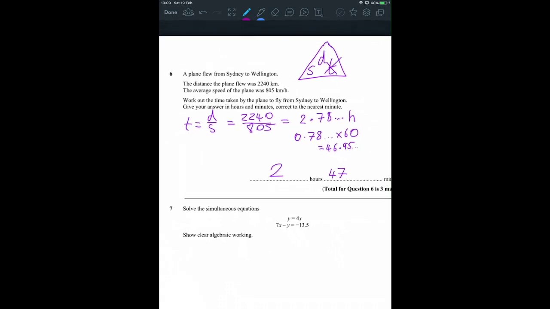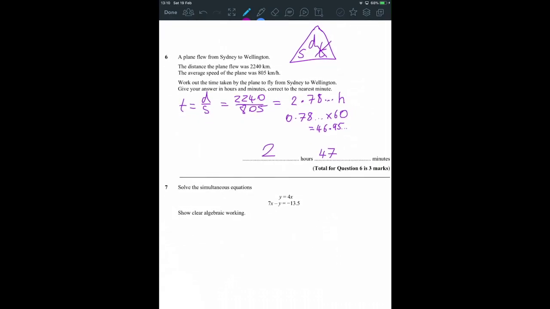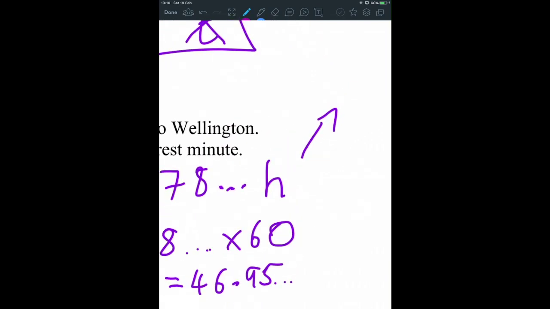Now for those who want to be really sneaky, there is a button on the calculator which does this for us. If we go to this stage and use the button, which is a little circle and then some apostrophes, I'm not great at drawing that, so small.